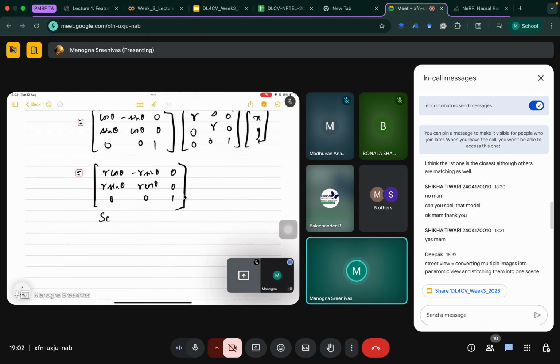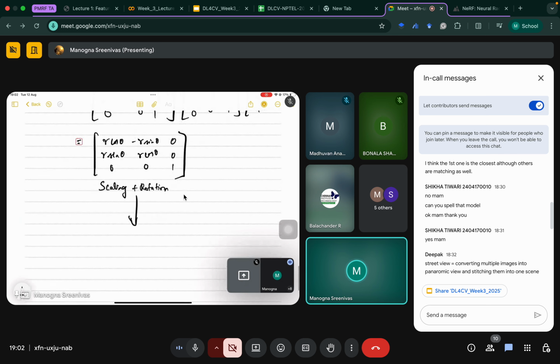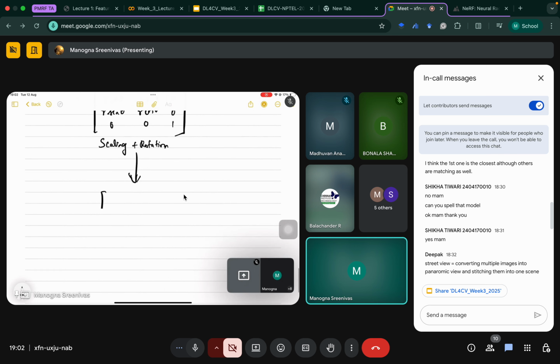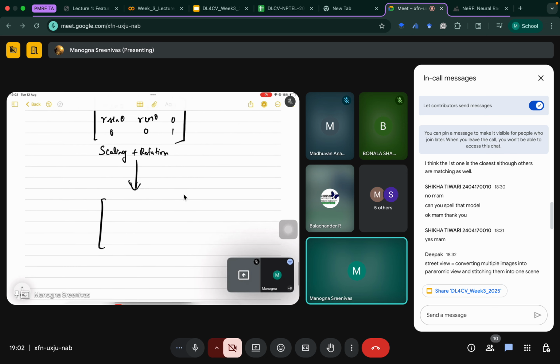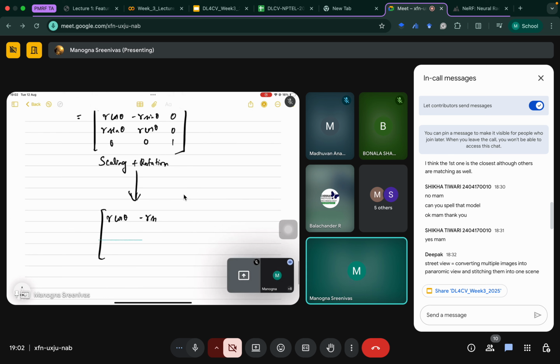This is what I have for scaling plus rotation. If I want to add translation to this, what would this matrix become? I would just add those translation scalars. So this will be tx and this will be ty and 1.